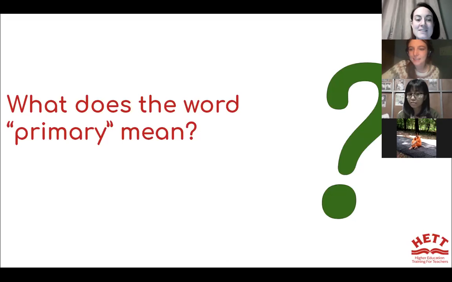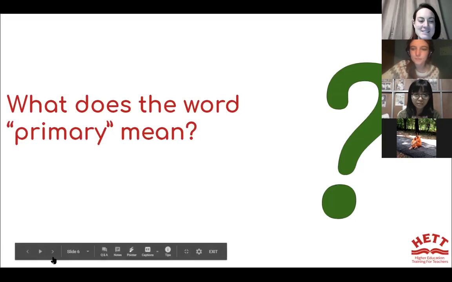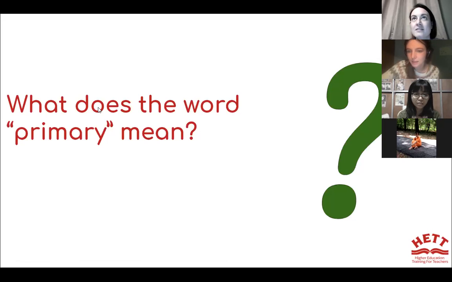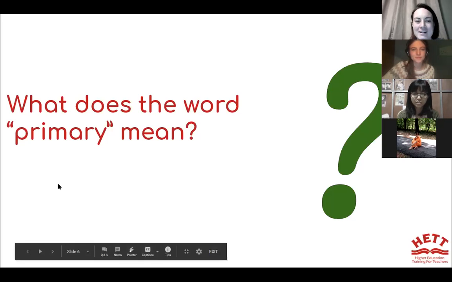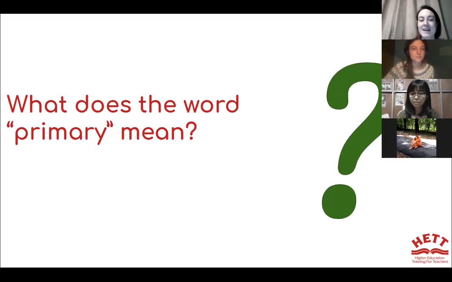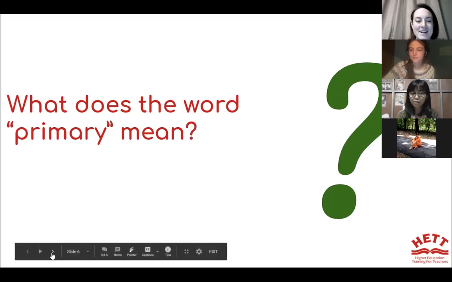So primary means first or original, and we're talking about original documents when we're talking about primary sources. Origin, yeah, I would say origin. Also main. Yeah, primary sometimes means main as well.